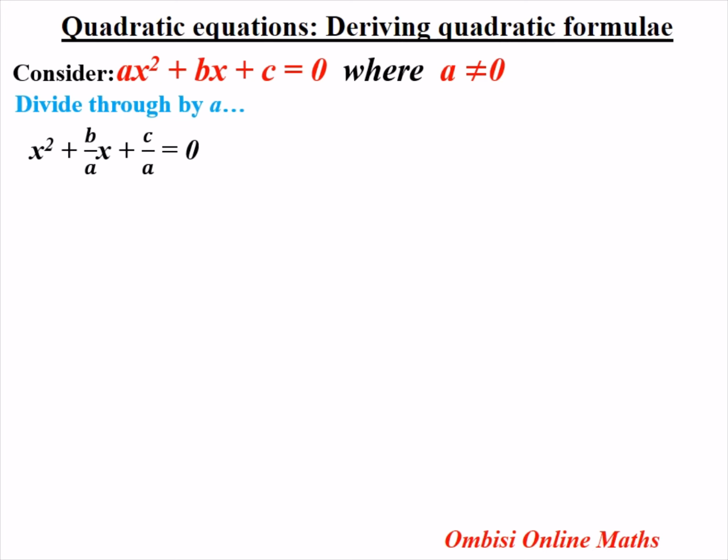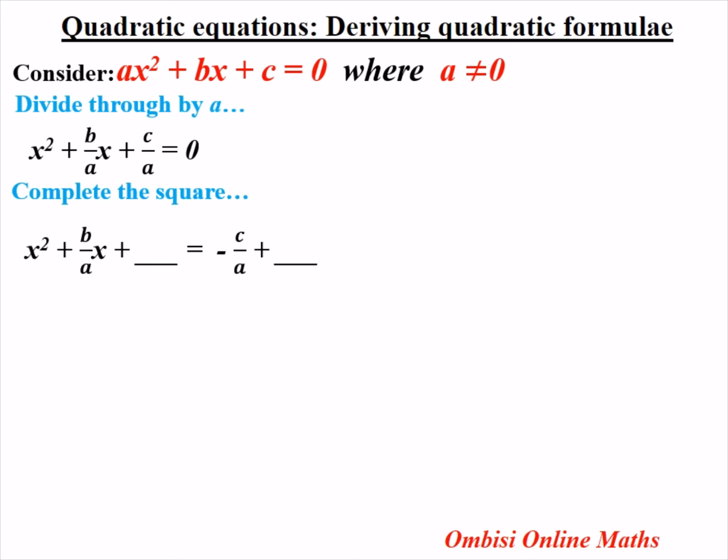At this juncture, we can carry out the completing the square method. In completing the square, we subtract c over a from both sides. So you end up with x squared plus b over a x plus a certain dash equals, remember we subtracted c over a from both sides, negative c over a plus a certain dash.